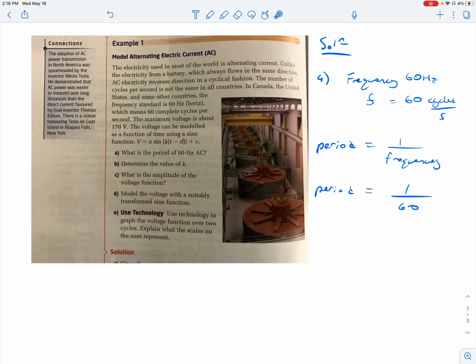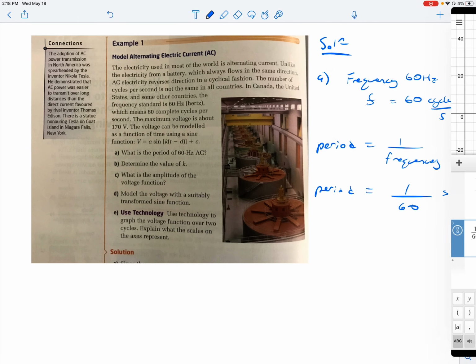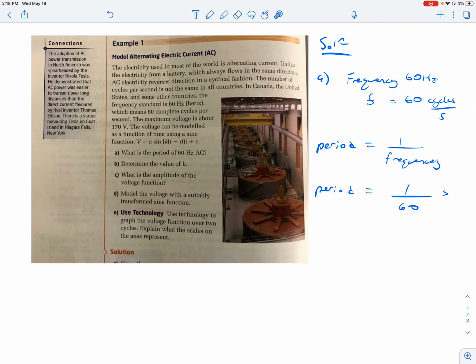This is time based, so it's 1 over 60 seconds. If you want to get a number for that, it would be close to 0.01 and then 6 repeated. So it's obviously a very small number. And notice the current changes direction 60 times a second, so each cycle has to be really, really small.